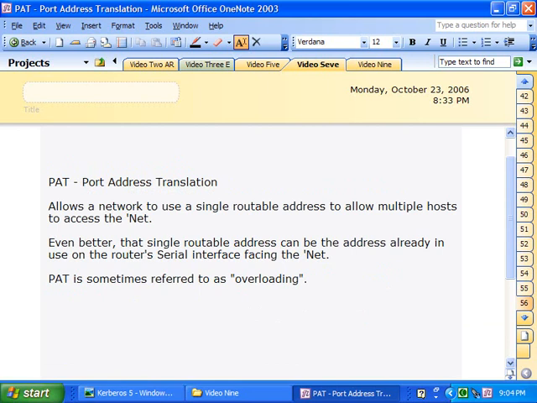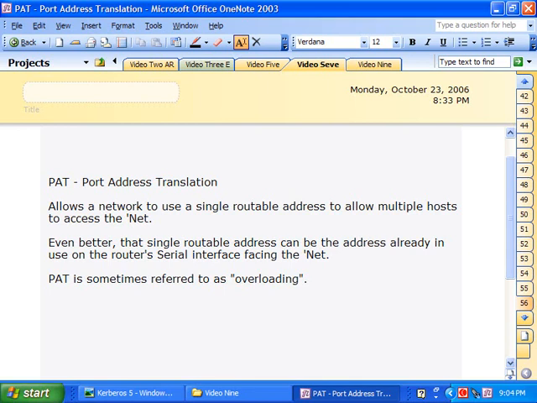Port address translation allows a network to use a single routable address to allow multiple hosts to access the internet. Now that sounds good enough as it is, right? I mean, you're taking one address and you can allow 10, 15, 20 internal hosts to access the net.